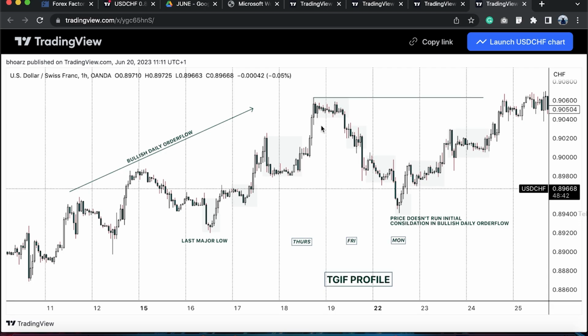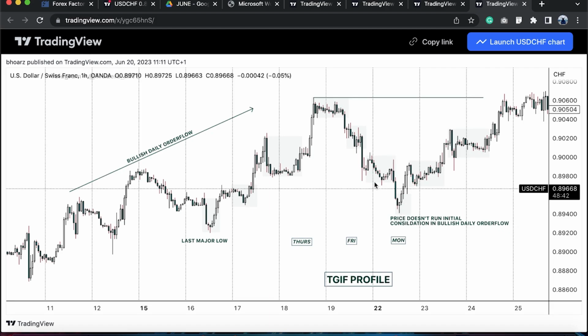Alright, so what you can see here is on Friday we have a reversal profile, which we've talked about, and the market does that reversal profile in the form of a market maker sell model. You have your initial consolidation here, you have your displacement, you have your return back up into premium for your lower result, and then you have your displacement lower, and then you have your redistribution, and then you have your run lower.